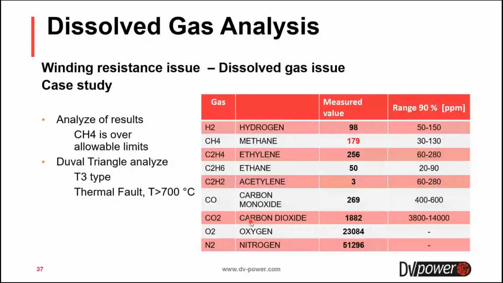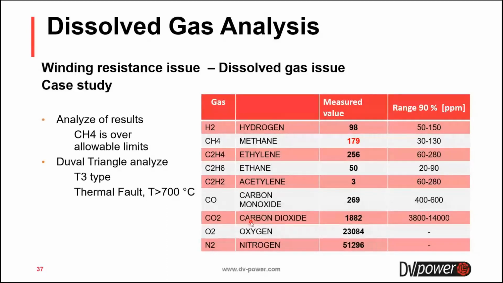After the transformer was withdrawn from operation, the owner decided to do DGA and some basic measurements: winding resistance and turns ratio. In this slide, you can see the DGA analysis after the transformer was withdrawn.